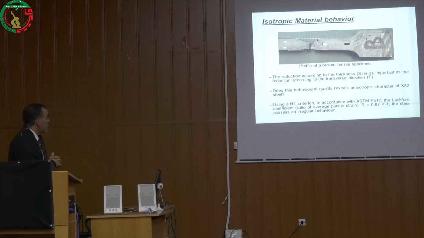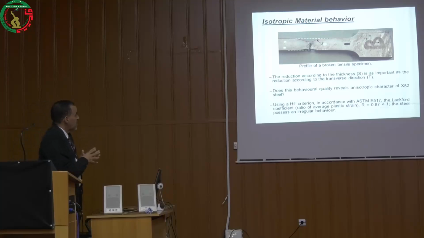To answer the first question, we investigate the broken specimen, and we see that the strain in the radial direction is too important as in the transverse direction. This remark leads us to ask, does this behavior reveal the anisotropic character of the steel?